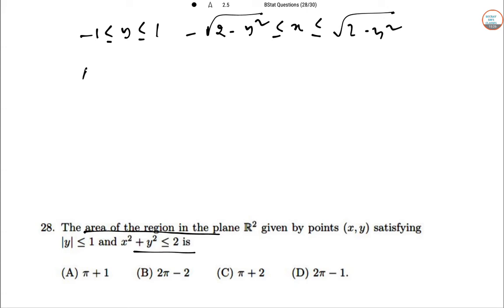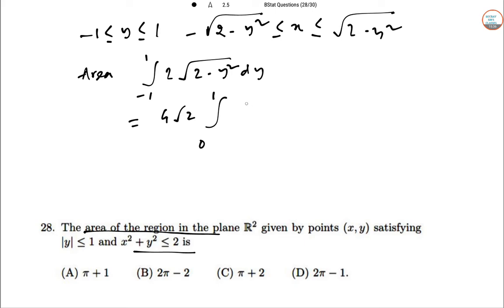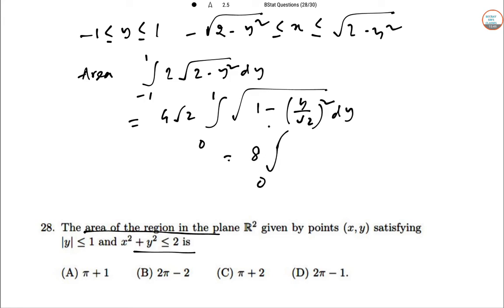So the area is the integral of 2 minus y square dy, 4 root 2, 0 to 1, y by root 2 square dy. Okay, so 8 times the integral from 0 to 1 by root 2 of the square root of 1 minus y square dy.